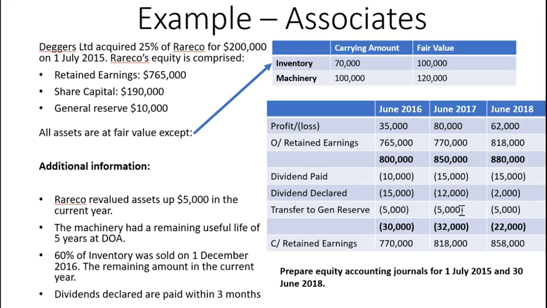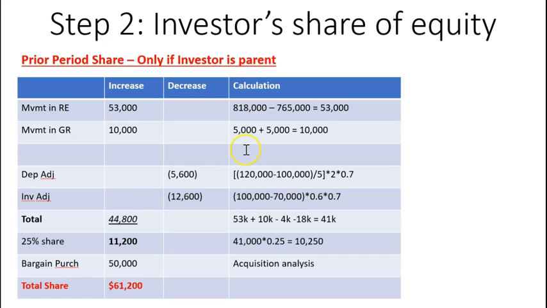So it's not included in the retained earnings balance, but it actually was retained earnings. We've effectively just transferred it from the retained earnings account to the general reserve. Because it was retained earnings, we need to recognize our fair share of that amount. And so we put that $10,000 in the increase column.